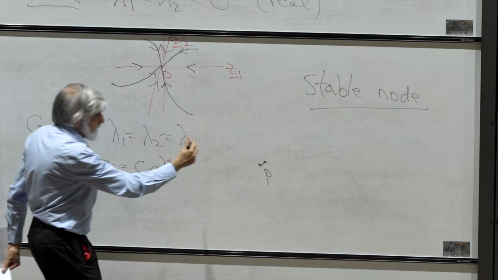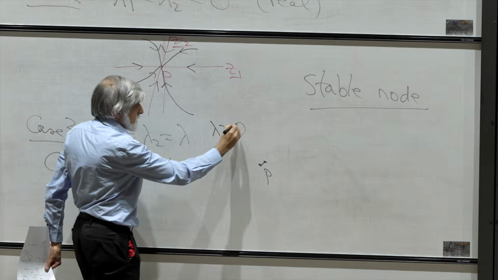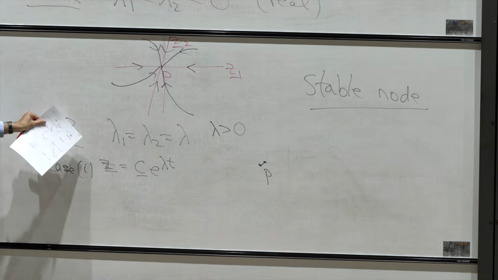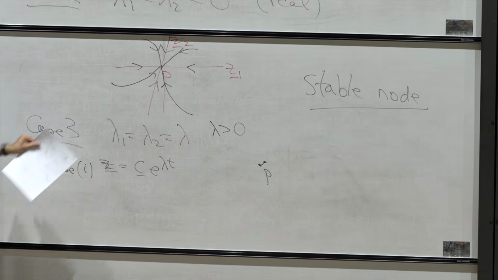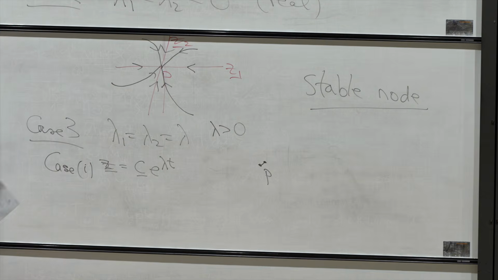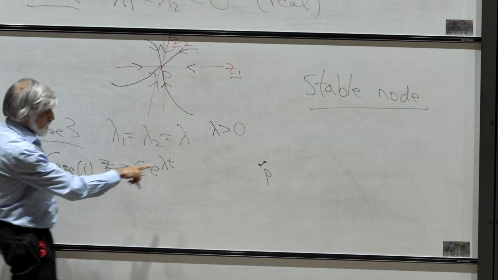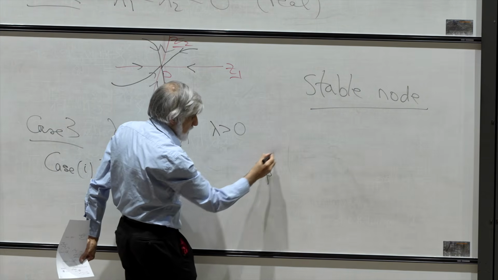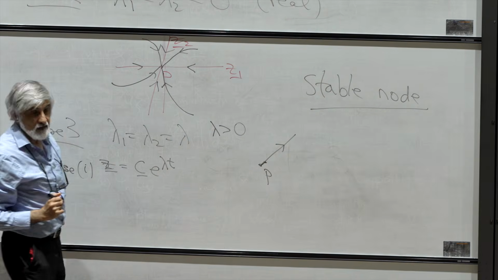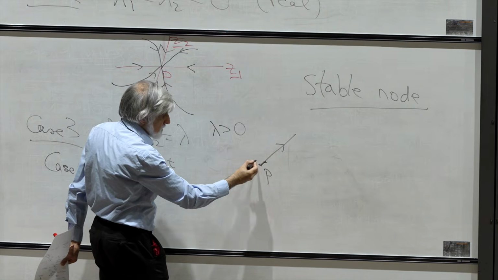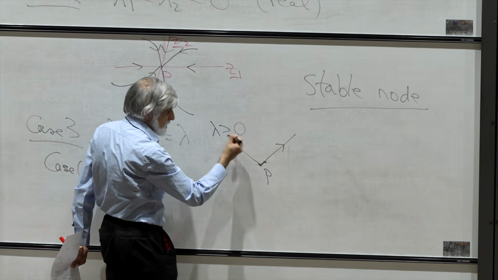Well, let's now assume lambda is positive. Once again, they have to be real because if they're equal to each other, they have to be real. And therefore, this is just going to grow off like this. Start off here, and it's just going to grow off in that direction.